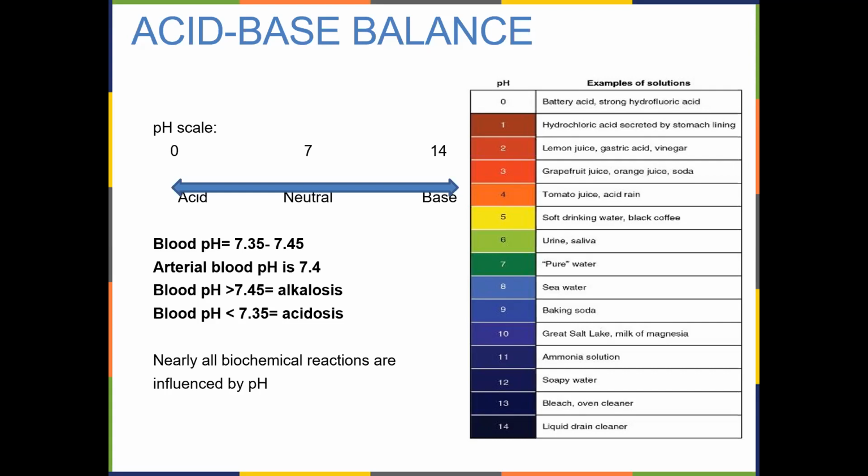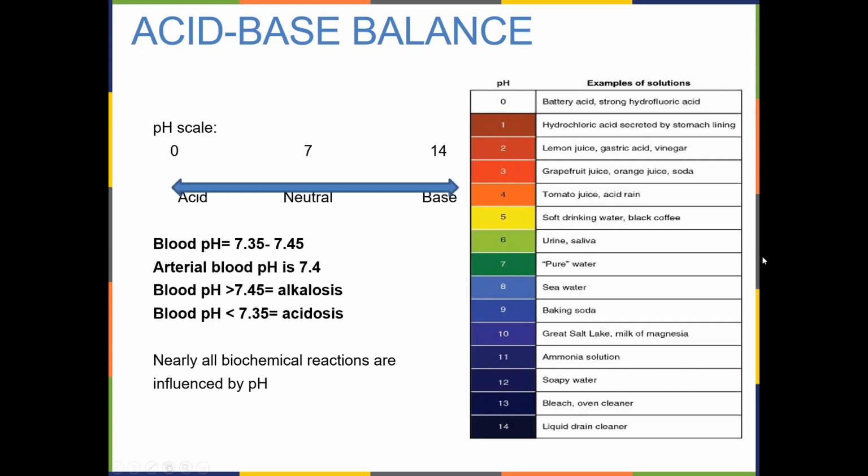Amylase, which works in our mouth to break down carbohydrates, does just fine at 7.4. But you put it in the stomach at pH 2 because of the hydrochloric acid, and it doesn't function well at all. In fact, it breaks down. So we have to try and maintain our pH levels so our enzymes don't start shutting down.